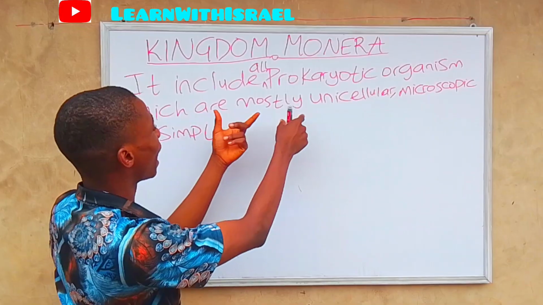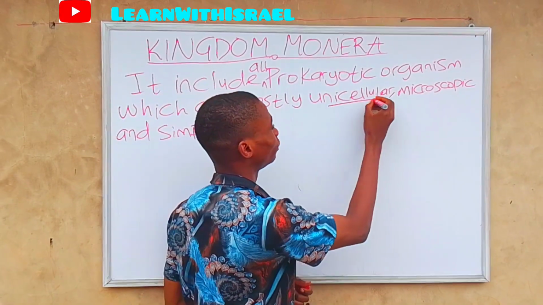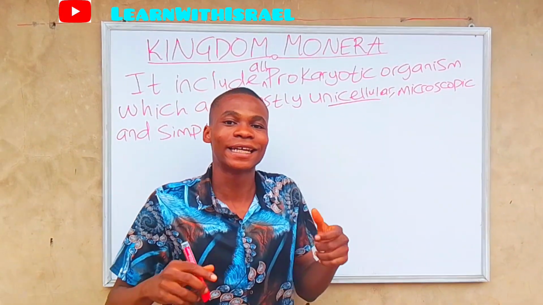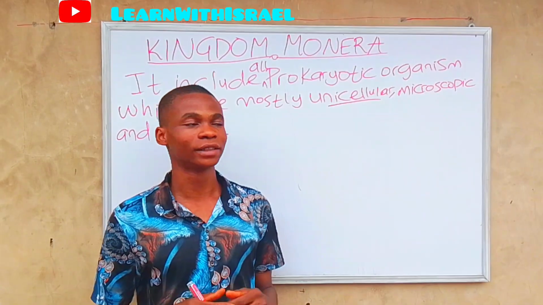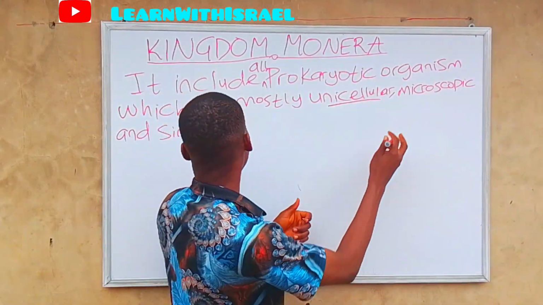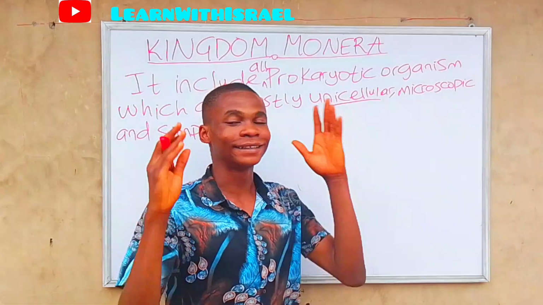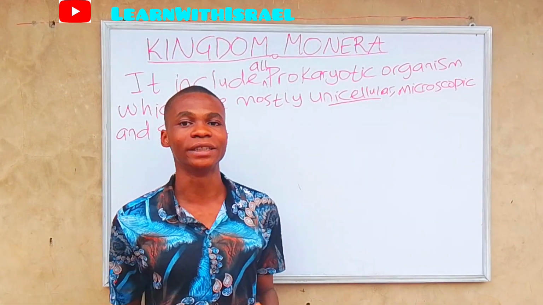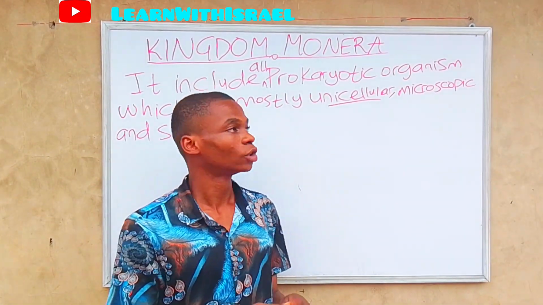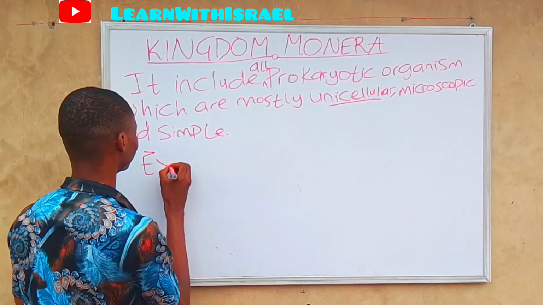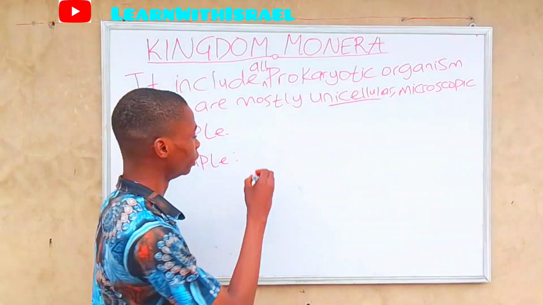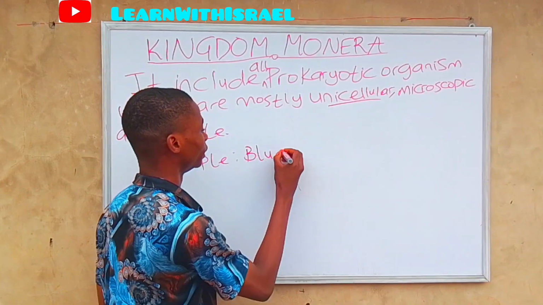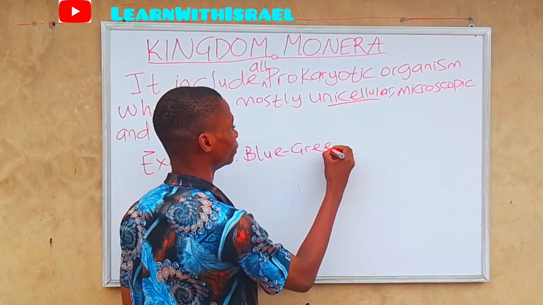Kingdom Monerans are mostly unicellular, and when I say unicellular, I mean that they are single cell organisms. And they are microscopic and simple. They are the simplest type of kingdom in the kingdom system. So examples of Monerans include blue-green algae.